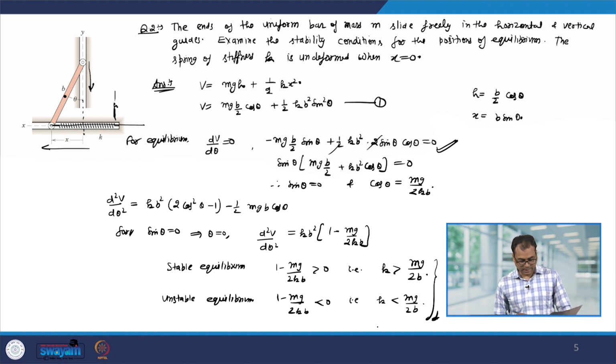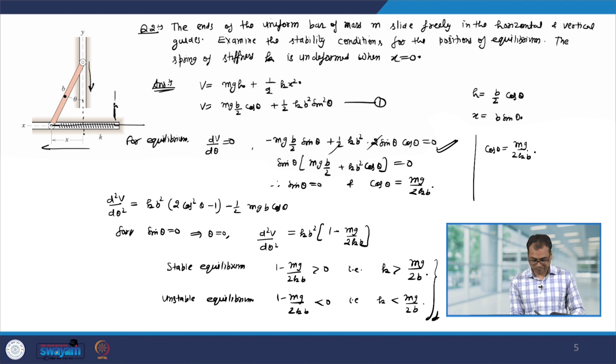Now, let us look at the second case, wherein cos theta is equal to mg over 2kb. We have d²V over dθ² equal to kb². Now, let us put cos theta equal to mg over 2kb.